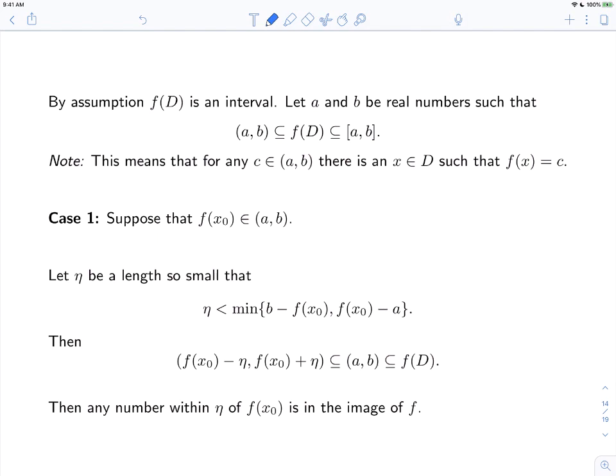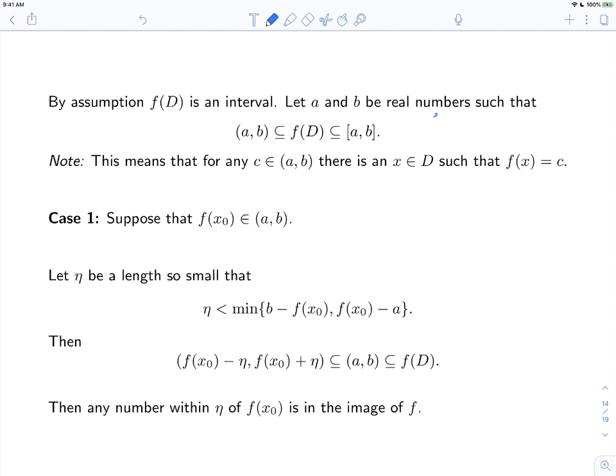We know that the image is an interval, so let a and b be real numbers such that f of D, well, we don't know what kind of interval it is. We don't know if it's an open interval or a closed interval. We don't know if it includes 1 or 2 or none of the endpoints. But we know that it's an interval.